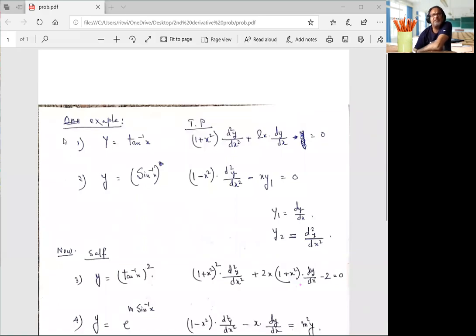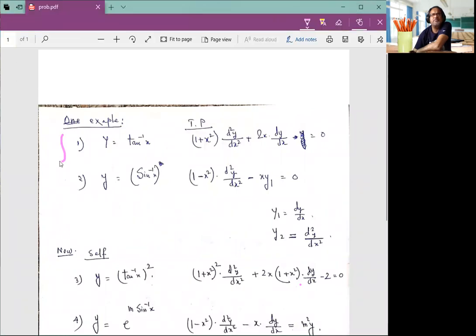Now you will see 4 problems there. Number 1, tan inverse problem. Number 2 is a sine inverse x problem. And thereafter 2 problems I have taken of the same category, tan inverse x and sine inverse x, but you will do it yourself. So firstly, I will make you understand how to solve problem number 1.